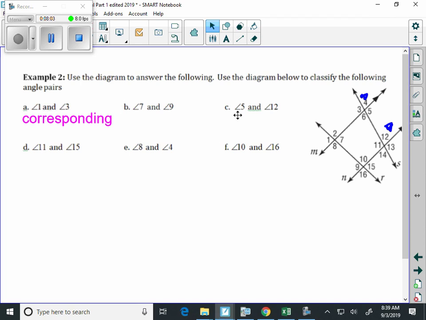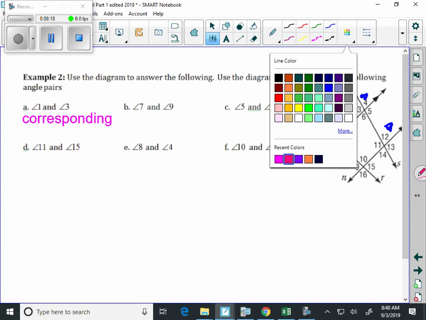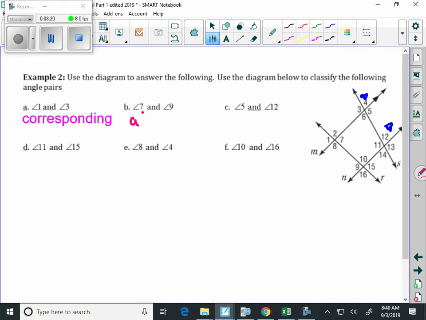Angle 7 and angle 9. Well, angle 7 and angle 9, they're in between the parallel lines and on opposite sides. So we're going to say alternate interior.